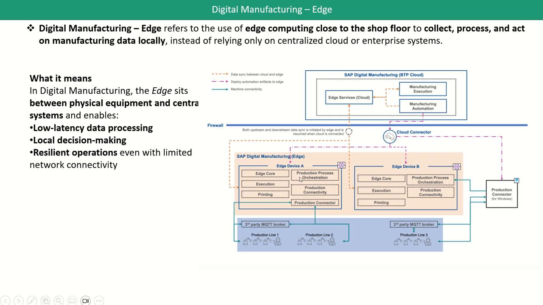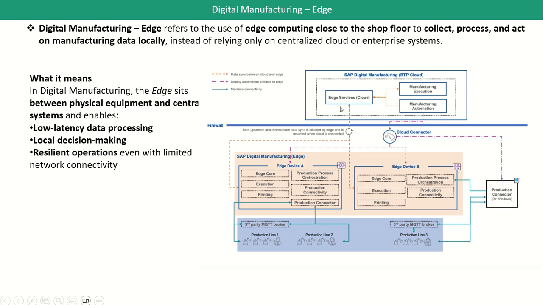It also gives you production process orchestration, production connectivity, and the execution part. One digital manufacturing edge can be used for more than one plant, or be specific to one plant, depending on the architecture.